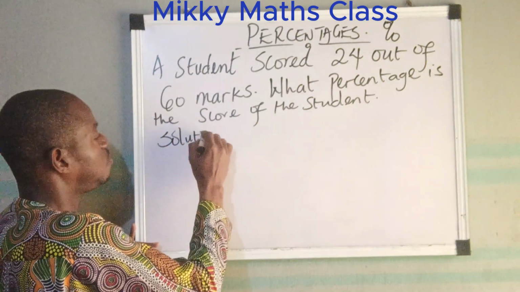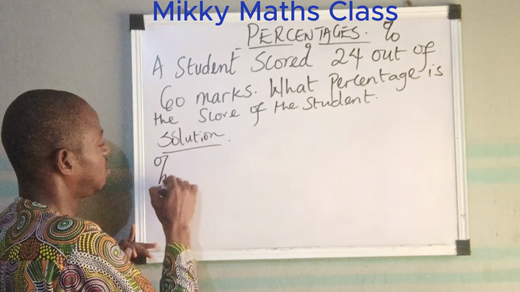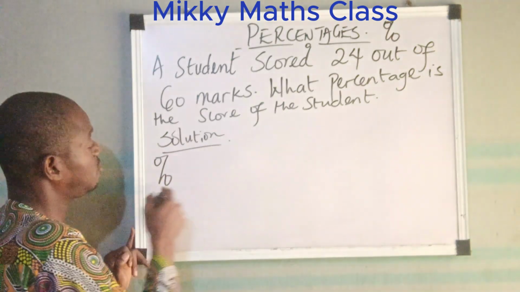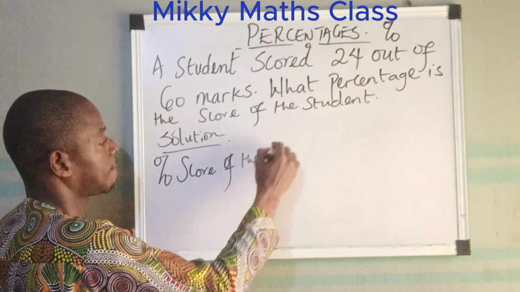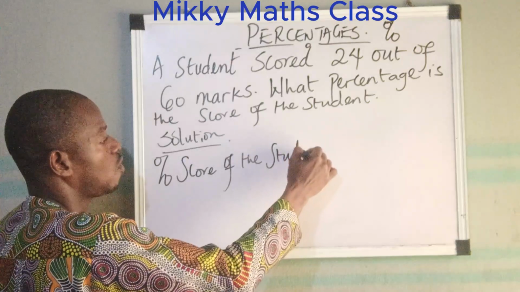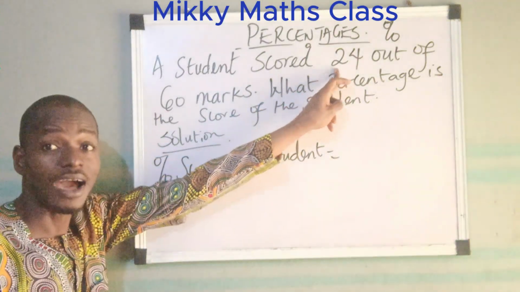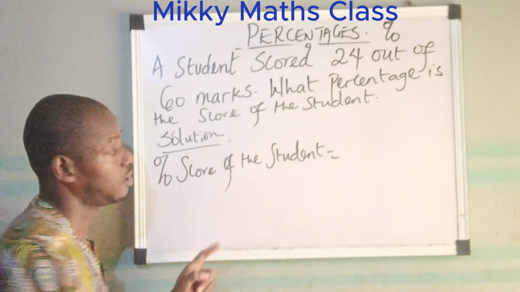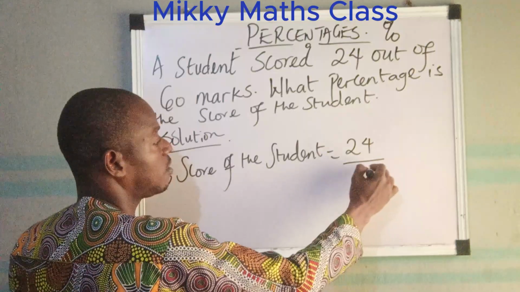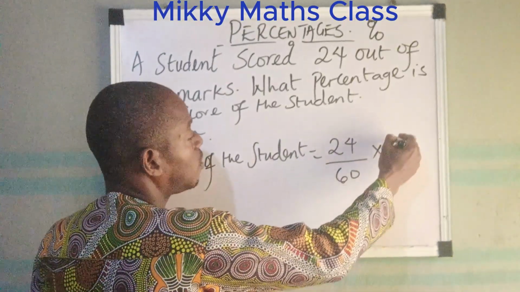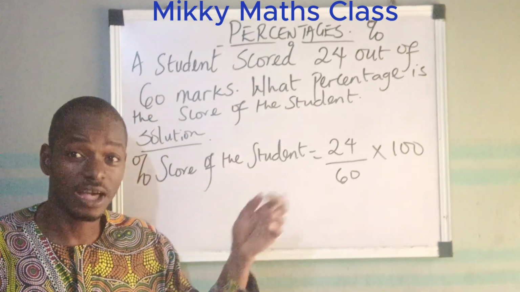The first thing we do is use the symbol percentage score of the student. The percentage score of the student will be equal to 24, what is scored, out of the total marks obtainable in the test, 24 over 60 times 100, because percentage means out of 100.